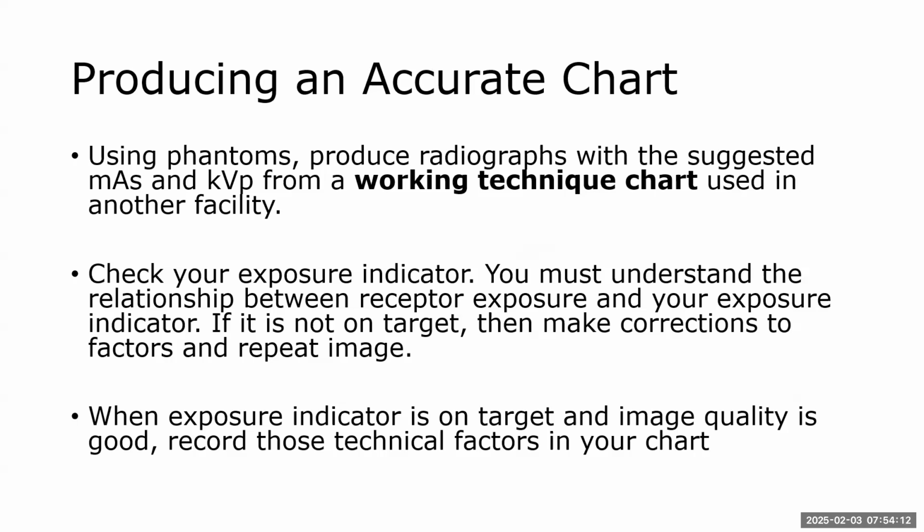We need to check our exposure indicators. You have to understand the relationship between receptor exposure and your indicator, meaning you have to know if your exposure indicator has a direct relationship to exposure or an inverse relationship. So in our case, in the Siemens rooms, it has what kind of relationship to exposure? Direct, right? Because if the EXI is a little over the target, that means we were a little overexposed.